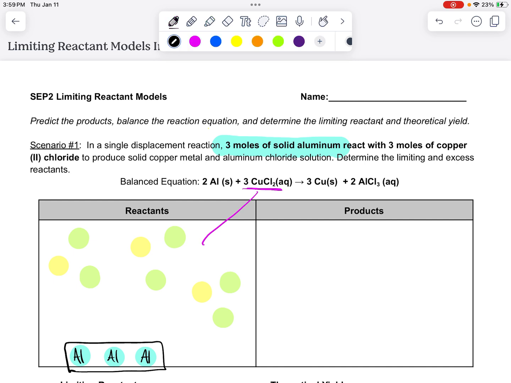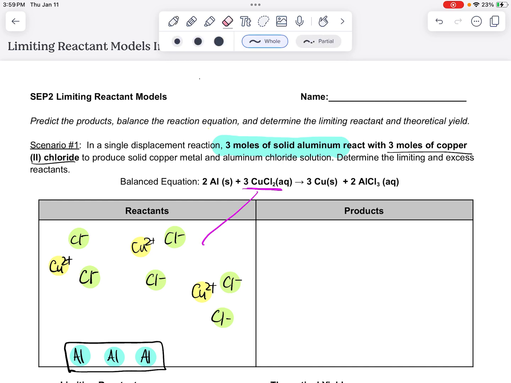Okay, and then for these, then I would add in the charges because these are ions and they do have a charge. So my copper is Cu2+, and then each of these green ones is Cl-. Okay, so 3 moles of aluminum and 3 moles of copper 2 chloride is what we have so far.